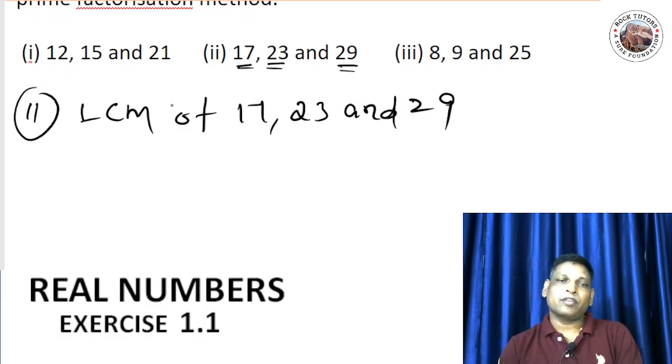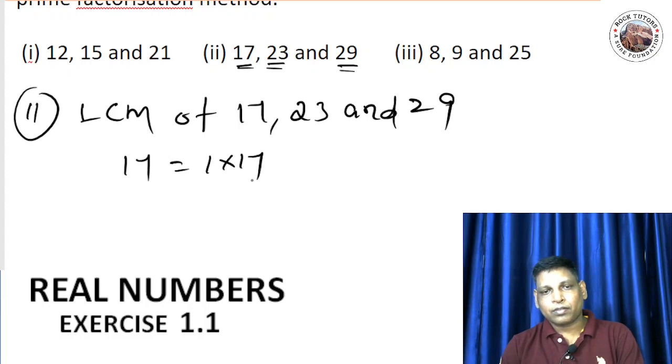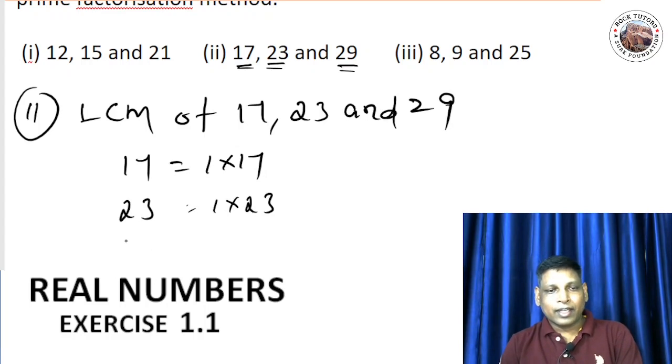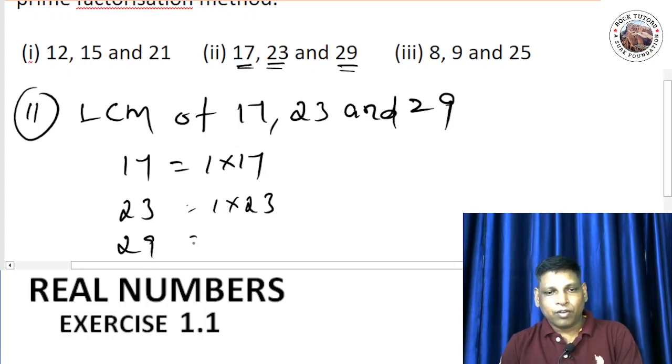First we have to write the prime factors. 17 is 1 into 17, because this is a prime number. 23 is 1 into 23. 29 is 1 into 29.